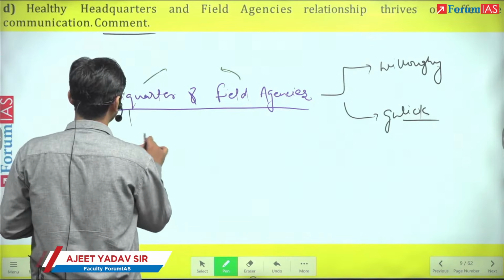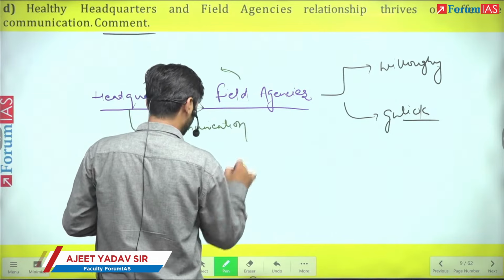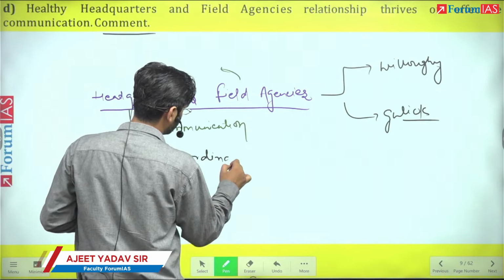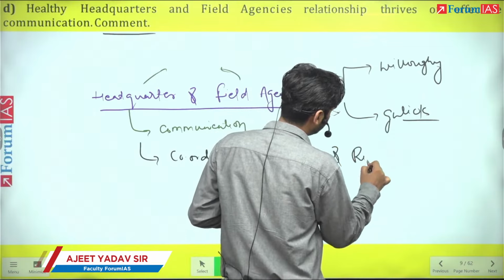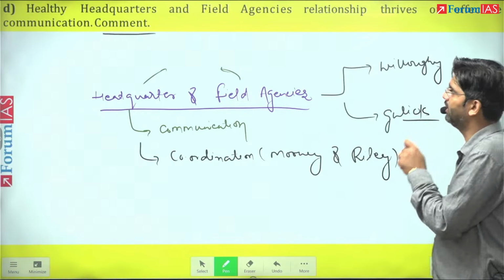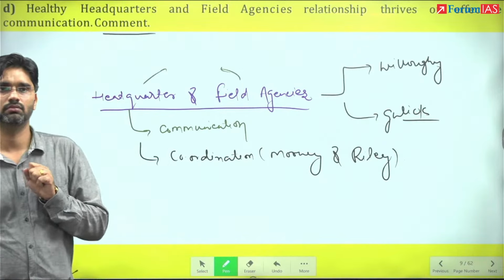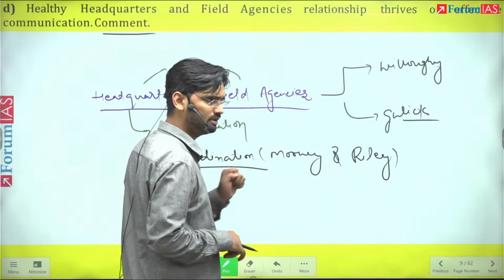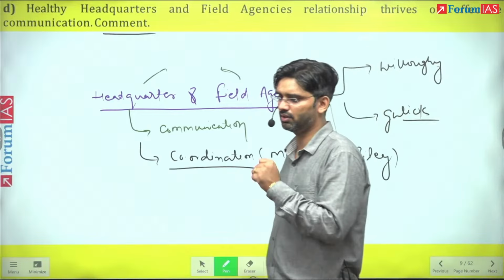The focus should be, number one, communication. But it is not only communication which is important. Coordination, by Mooney and Reiley, is another key factor for a healthy relationship between headquarter and field. One of the biggest problems between them is related to coordination, by the way, the line given by Mooney and Reiley: coordination is the first principle of organization.